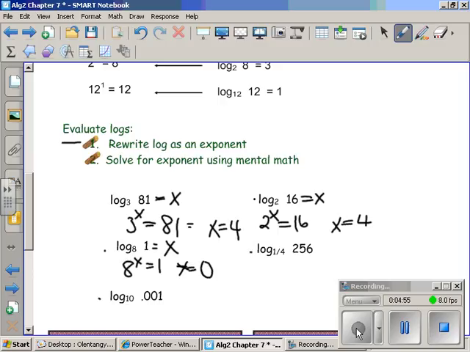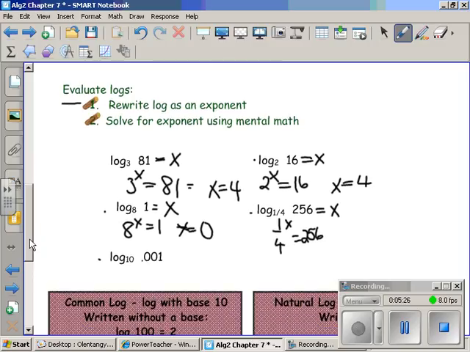Okay? All right, this one's a little trickier, not a ton. Again, set it equal to x, write it with an exponent. Now, the number here is on the bottom of the fraction, but we want the answer to be on the top. So how do we do that with exponents? We make the exponent be a negative, all right?